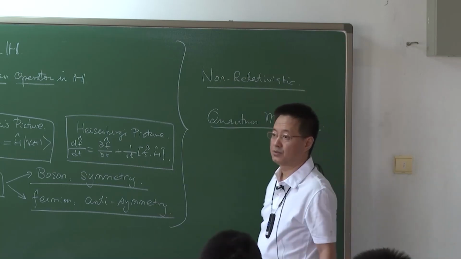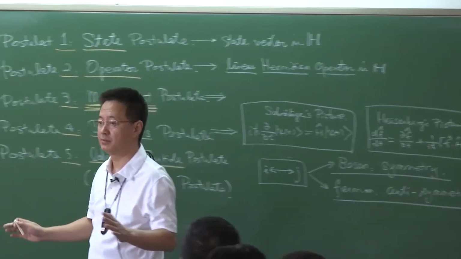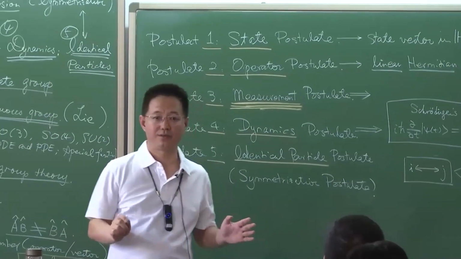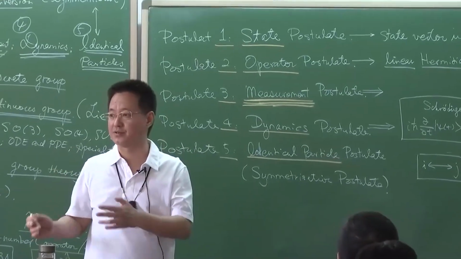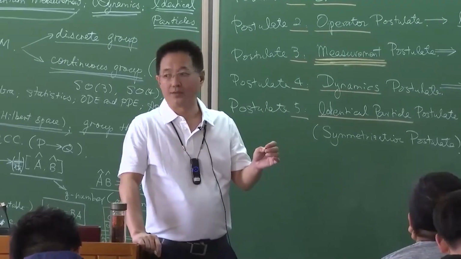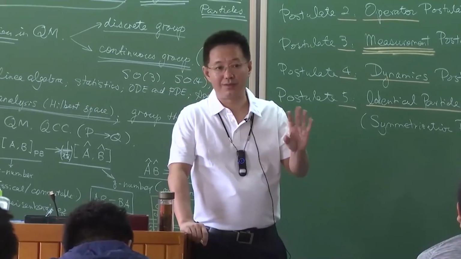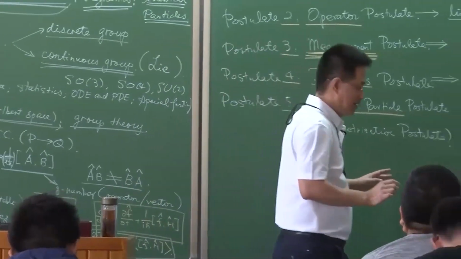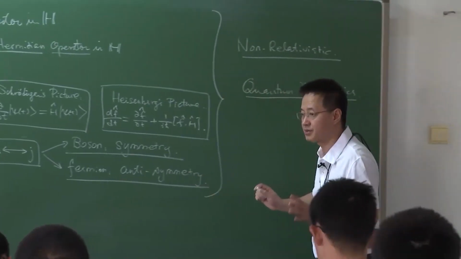In our lecture notes, I have listed several versions of the fundamental postulates: version 1, version 2, and version 3. Version 1 is only valid for the pure state. We have very strong restrictions.